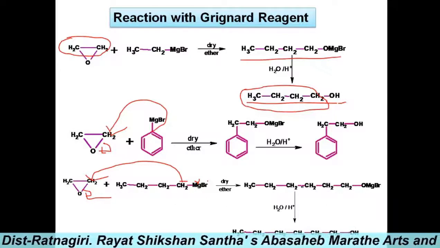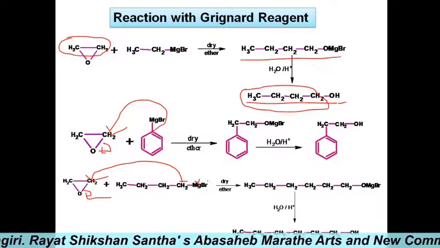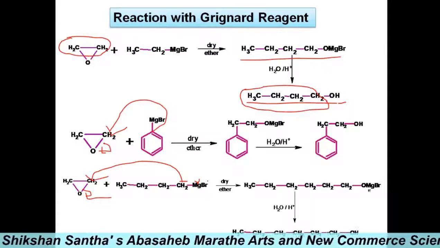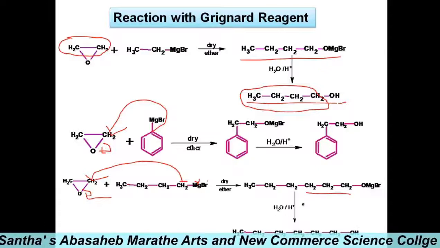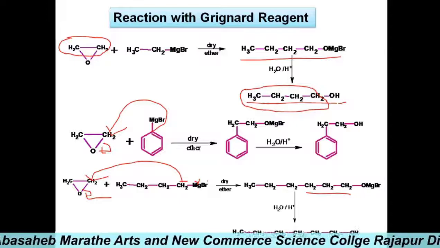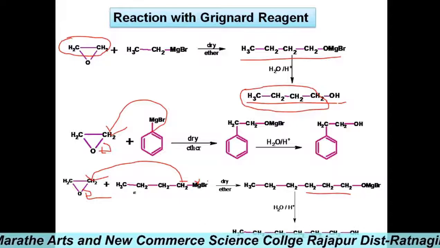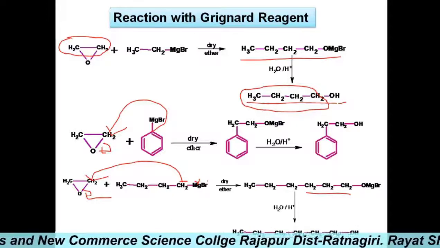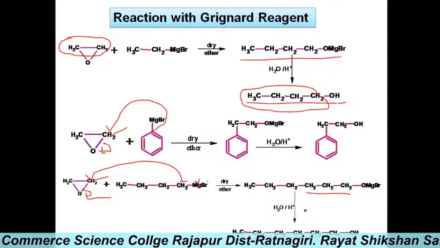What is the product here? CH3 CH2 CH2 CH2 CH2 CH2 OMgBr. This adduct on hydrolysis with water under acidic conditions gives the primary alcohol having two carbons more. It is like 1, 2, 3 and 4 carbons; the final product has 6 carbons: 1, 2, 3, 4, 5 and 6.